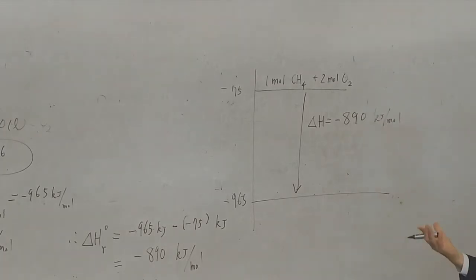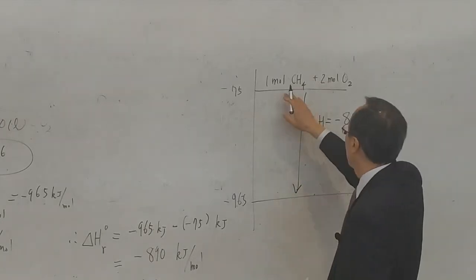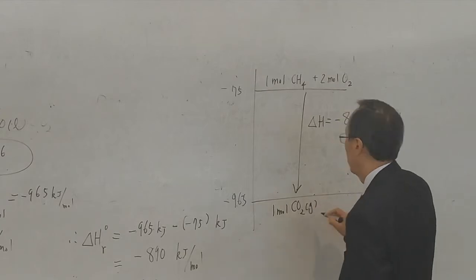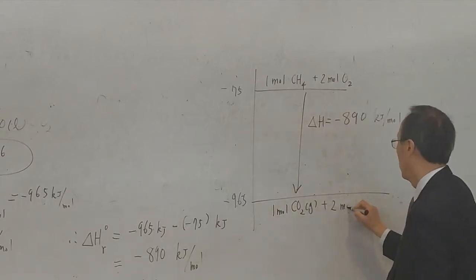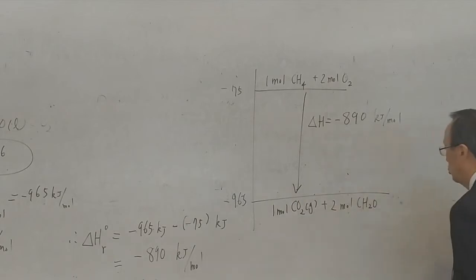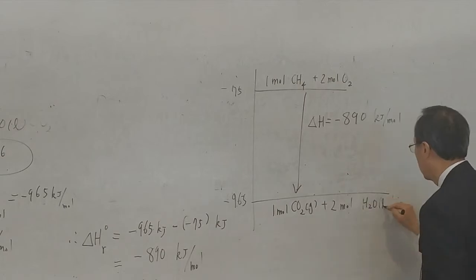So this much heat is released from the system. This reactant is becoming a product: 1 mole CO2 plus 2 mole H2O, 2 mole H2O in the liquid state.